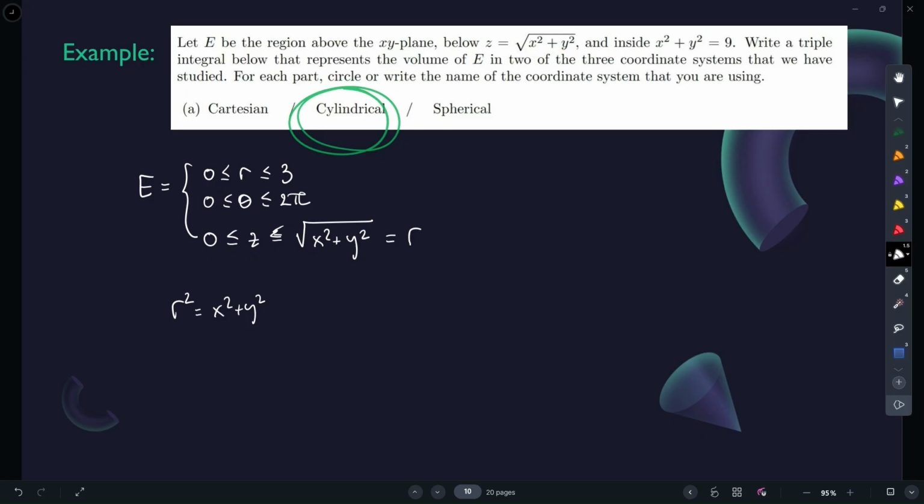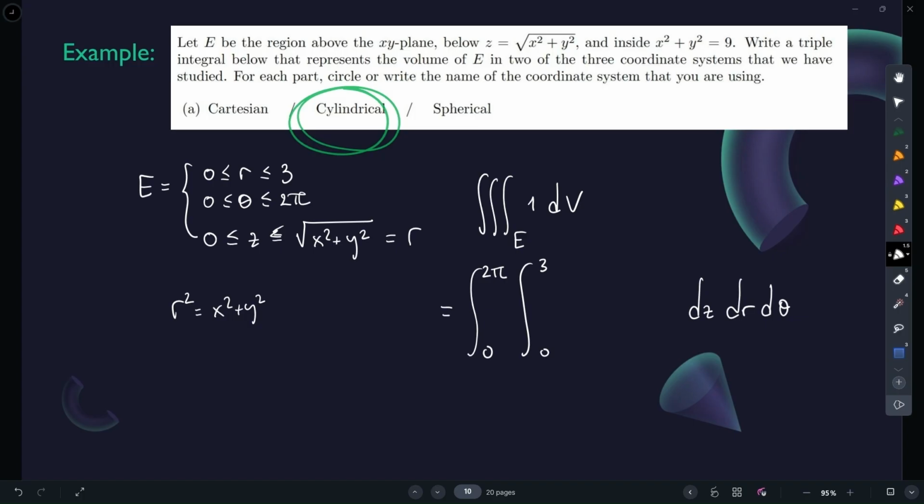So I can now describe the integral of E dv in cylindrical coordinates as the angle going from 0 to 2 pi, the radius going from 0 to 3, the z value going from 0 up to r, and I'm integrating the function 1.